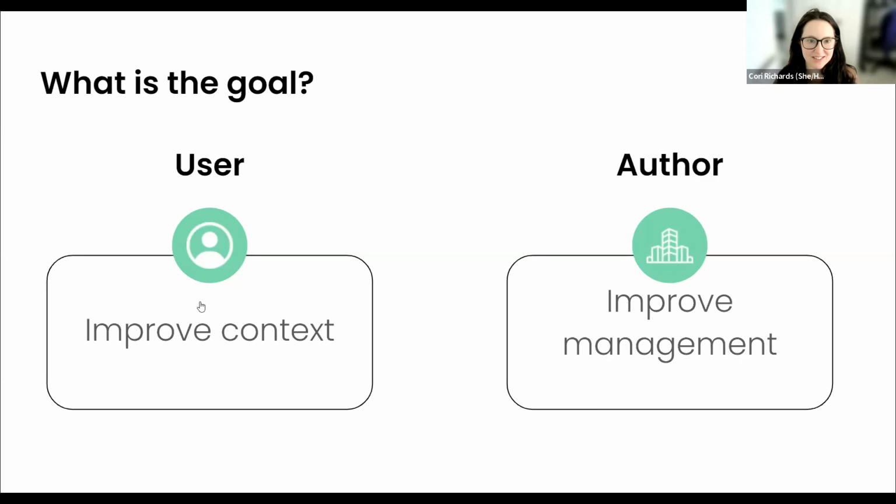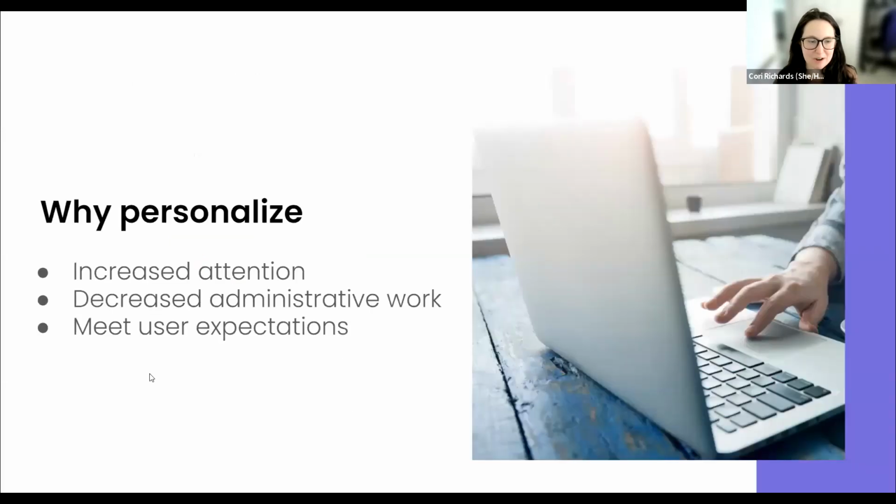Okay, great. So when we're thinking then about why personalized specifically, we kind of understand the general goal, but what would that mean in practice? First, we're going to see increased attention when that conversation is contextual for the user.